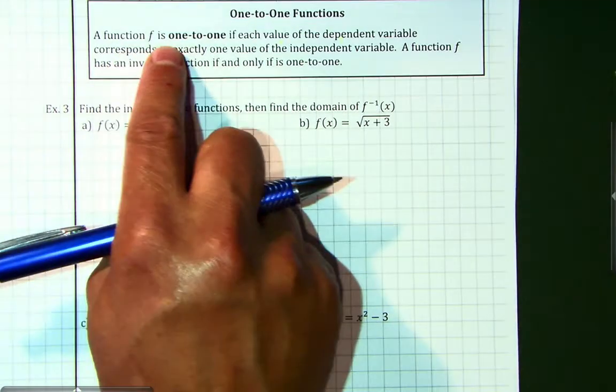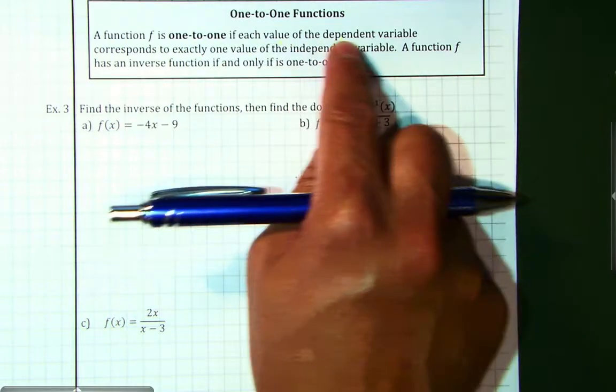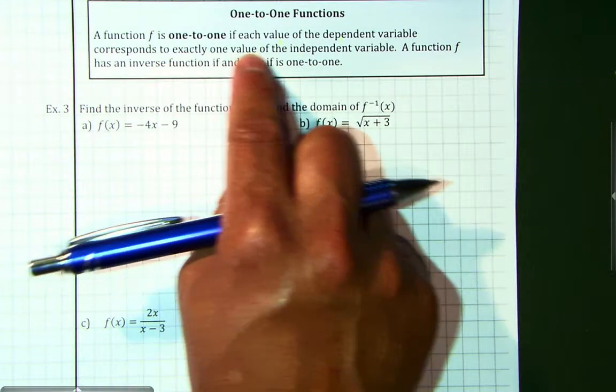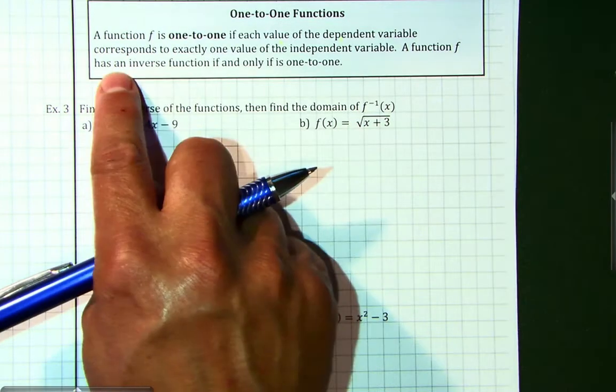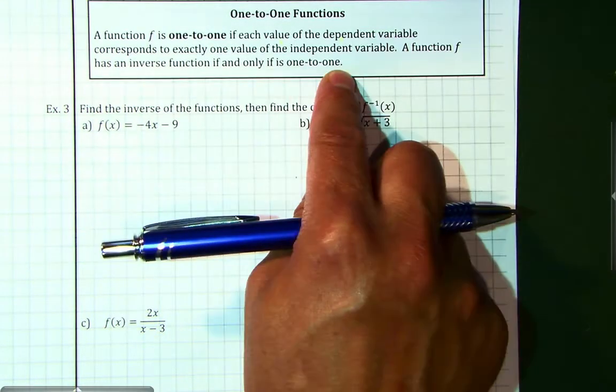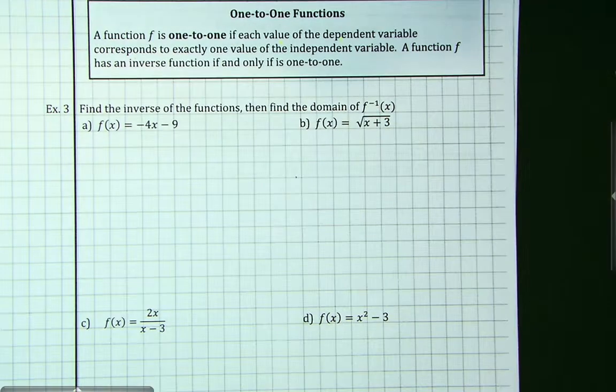A function f is 1 to 1 if each value of the dependent variable corresponds to exactly one value of the independent variable. A function f has an inverse function if and only if it's 1 to 1. So this talks about 1 to 1.